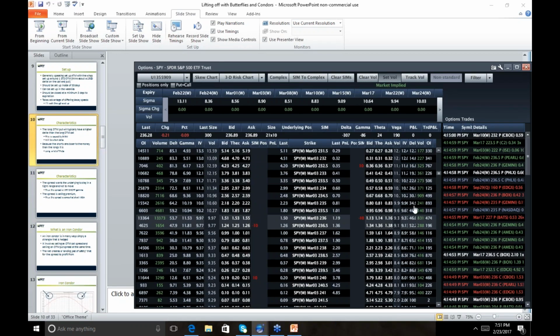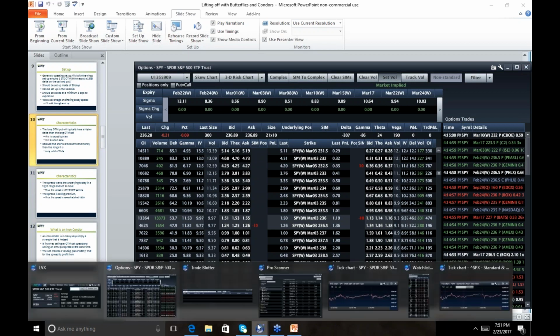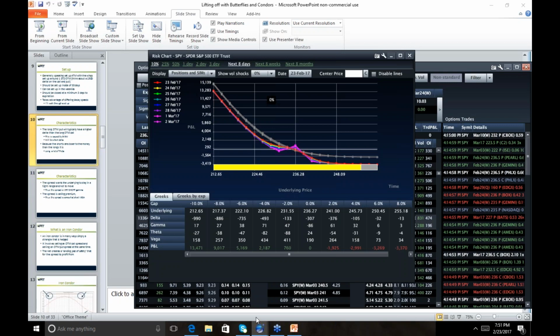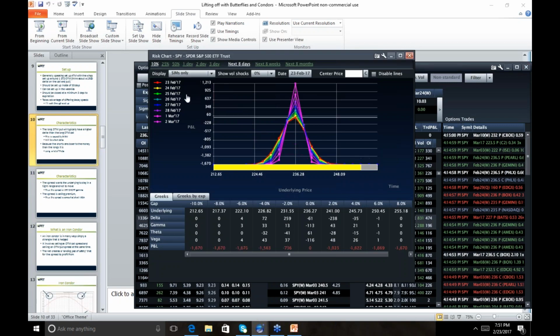And that'll do it, 16.8. So then if you look at my risk chart on this, which I must have, I obviously have real positions on it too. My 10 lot fly starts out with a delta of negative 61.